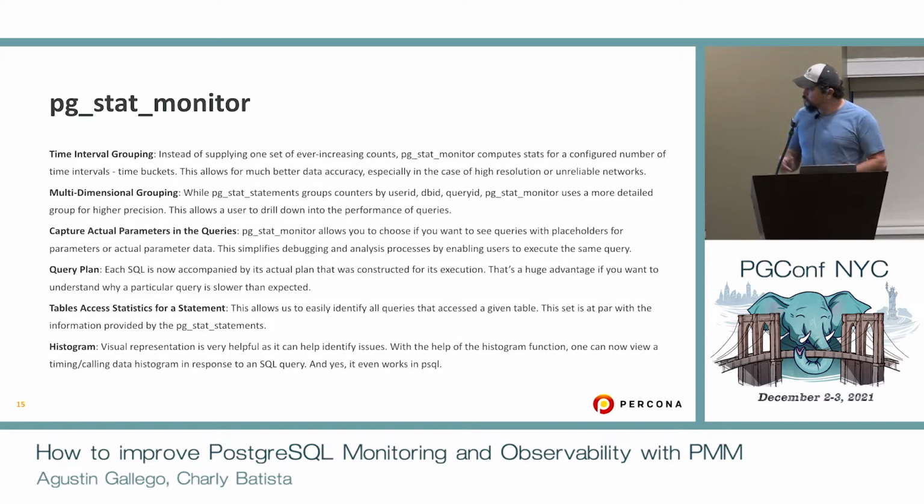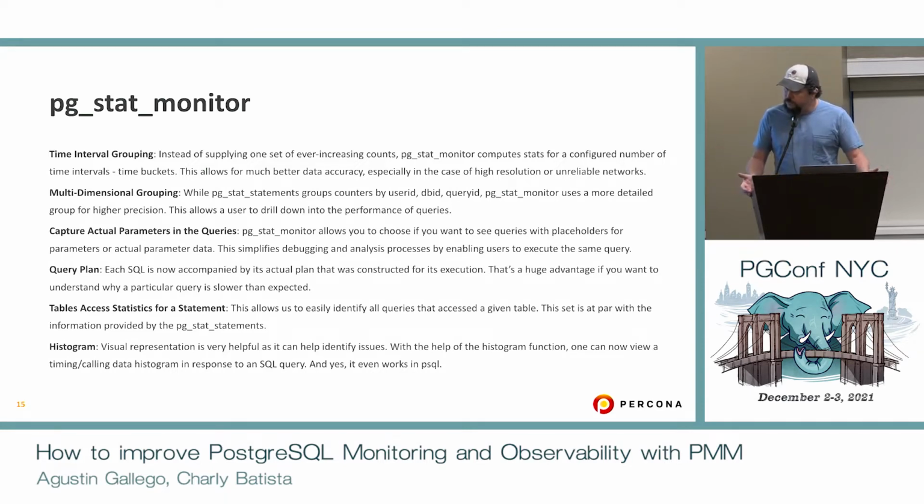We also capture and keep time interval grouping. We are grouping those queries because sometimes you have a query that runs pretty fast, like 99% of the time during the day, running in milliseconds, and then suddenly it starts taking 1 or 2 seconds.